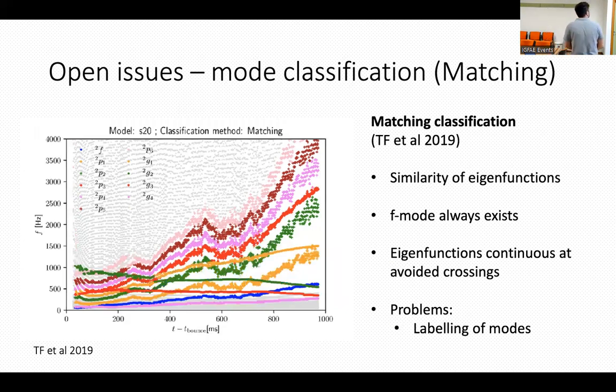So in our paper in 2019, we try to fix this with what is called matching classification. Essentially, for each point, we compute the eigenfunction, starting, for instance, at the end when everything is more clear. We take a point, we get the eigenfunctions, we look for the eigenfunctions of all the modes in the previous time and try to find where the eigenfunctions are more similar to each other.